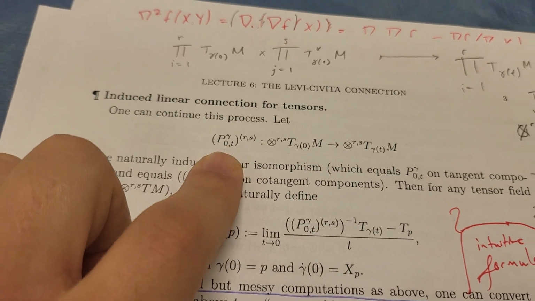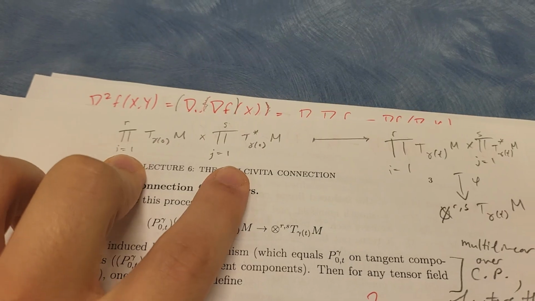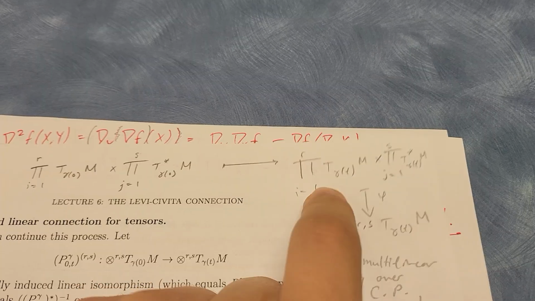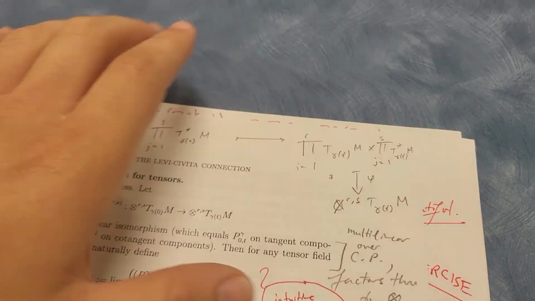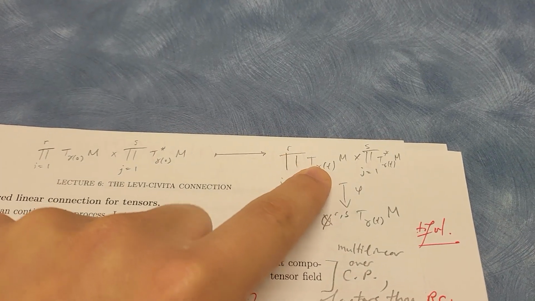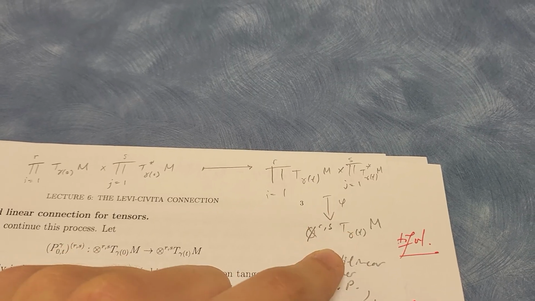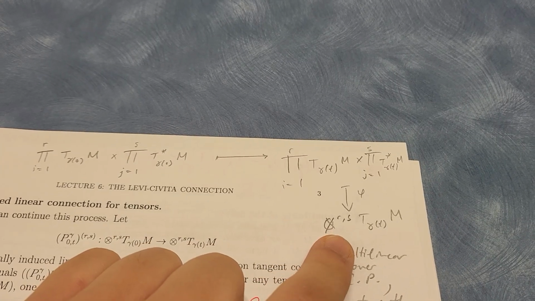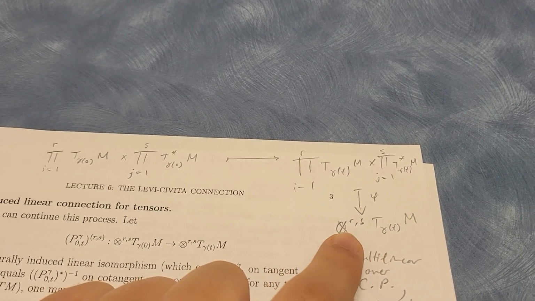We can build a sort of isomorphism of the tensor bundles by first looking at the Cartesian product space at gamma of 0, sending it to the Cartesian product space at gamma of t, and then composing the codomain with the canonical isomorphism phi to the tensor product of these R tangent spaces, S cotangent spaces.